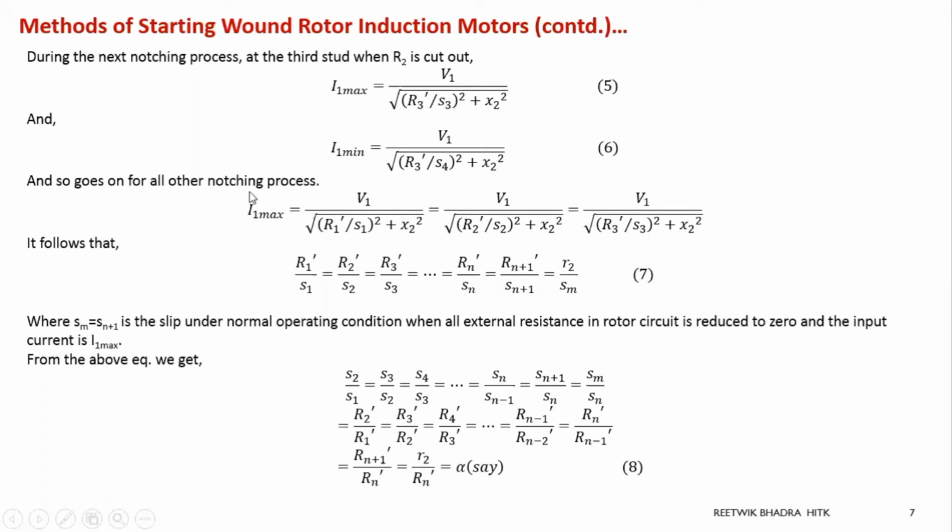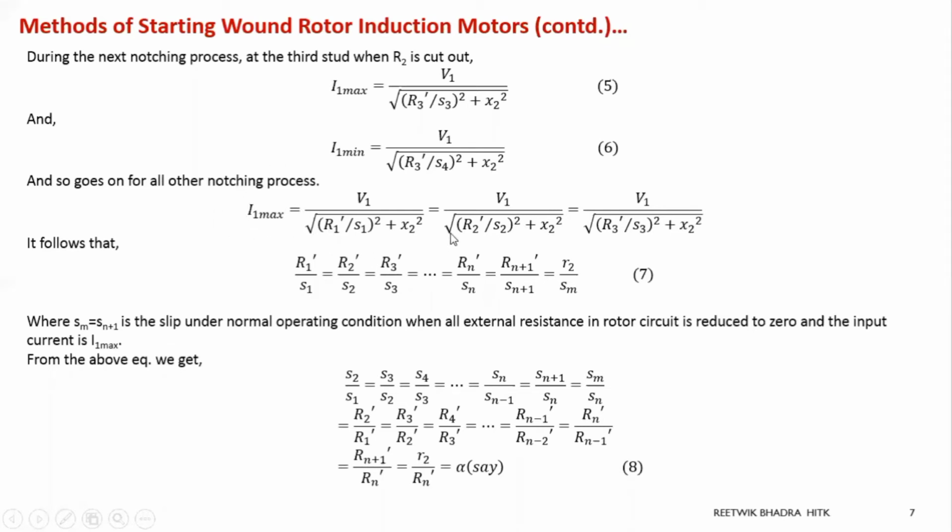Now, if we check the equation, if you go on writing equal up to n plus 1, if these are equal, what has to be satisfied? See, V1 is same, X2 is same. What has to be similar in order to make all I1 max same?